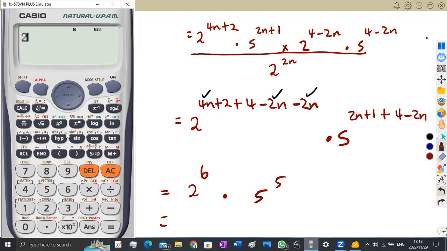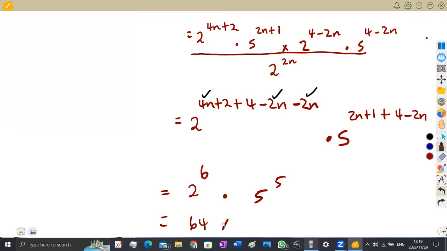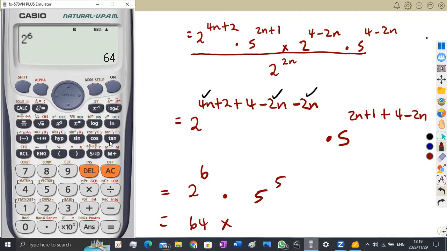So you can just simplify 2 to the exponent of 6, all right? So this calculator is a little bit delaying. So let's see 2 to the exponent of 6 like this, which is something like 64, all right? So we are going to obtain 64 multiplied to 5 to the exponent of 5.